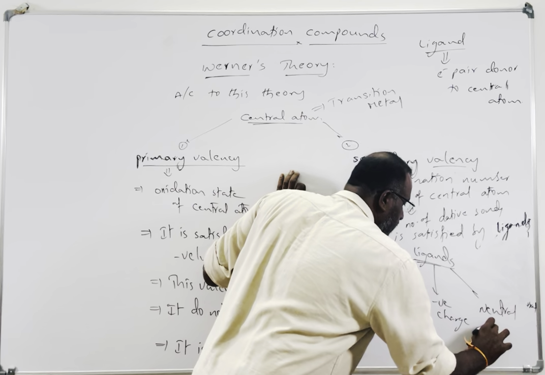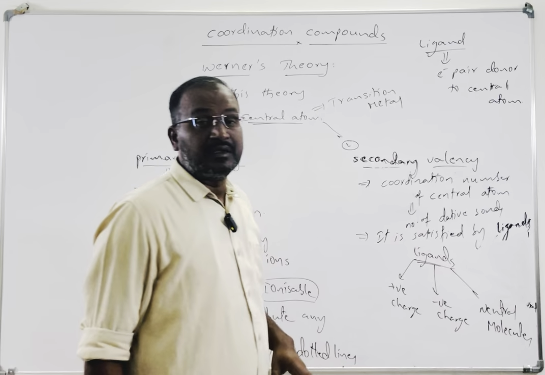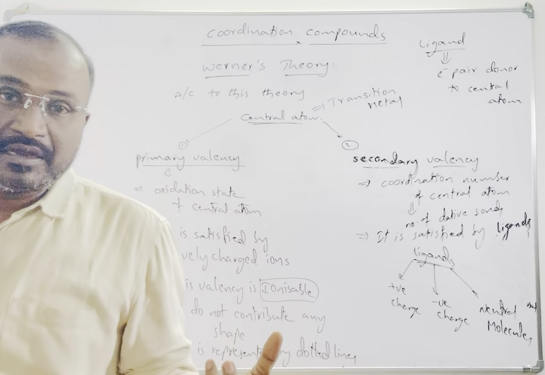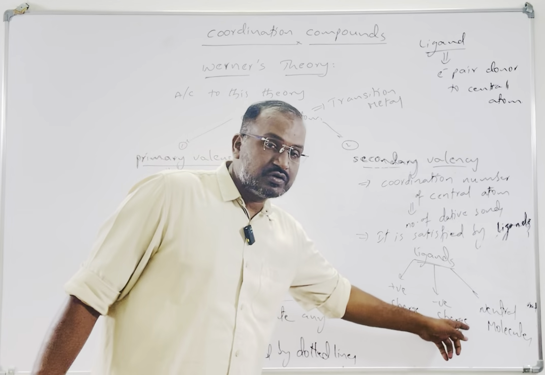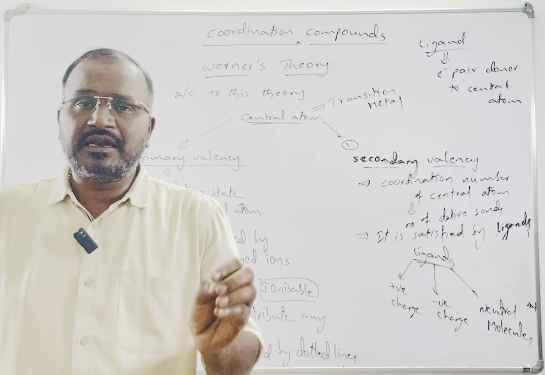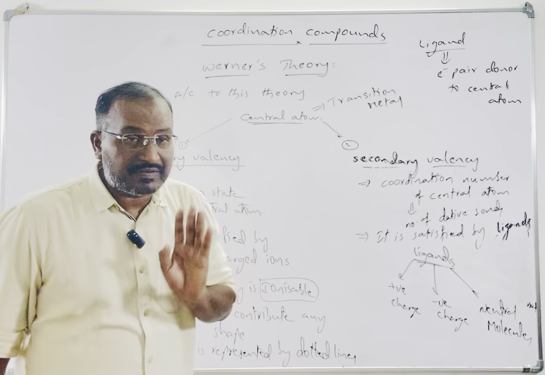The ligand may be a positively charged ion, a negatively charged ion, or a neutral molecule. If it is giving an electron pair to a central metal atom, that is a ligand, that is satisfying secondary valency.